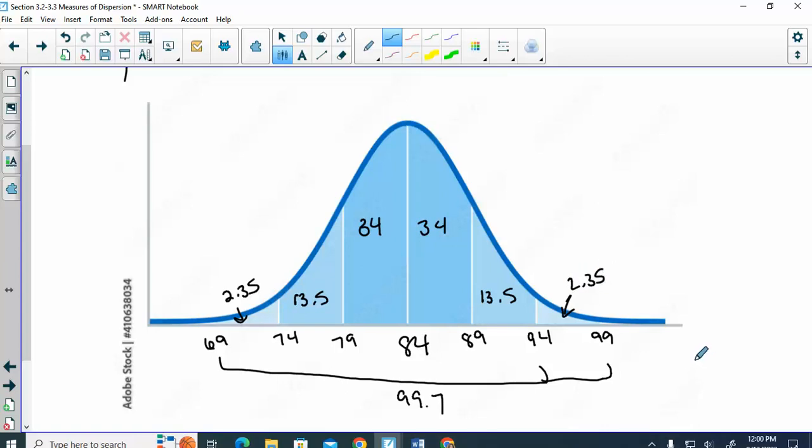You guys understand where I got that number? How would I get this last part here if I wanted it? Yeah. Finish off. We know it should be 50% on each side, right? So we could do 50 minus 34 minus 13.5 minus 2.35. All right, so we have all of these percentages filled in.